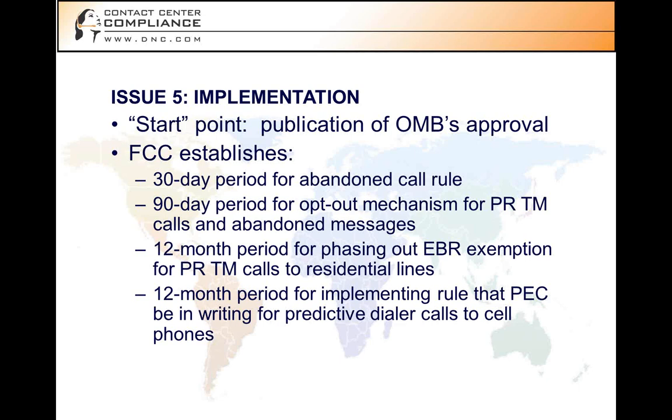There is a 12-month period for phasing out the established business relationship exemption for pre-recorded telemarketing calls to residential lines, and then finally a 12-month period for implementing the rule that prior express consent has to be in writing for predictive dialer calls that are made to cell phones.